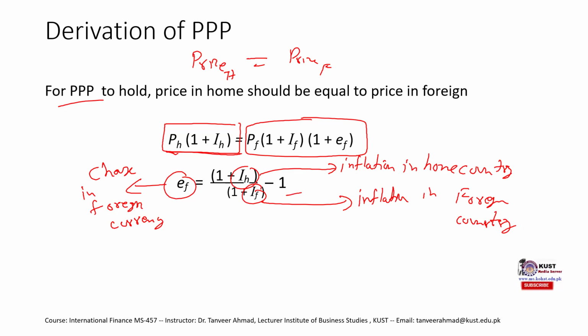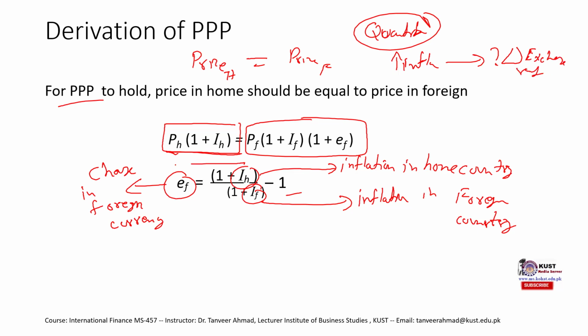Minus 1. So this becomes the formula to measure the change in the exchange rate. Remember, in the starting slide we said we would quantify that if inflation changes, by how much percentage the exchange rate would change.